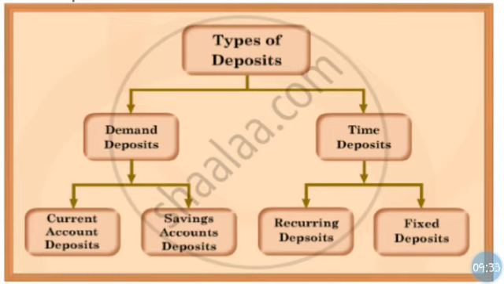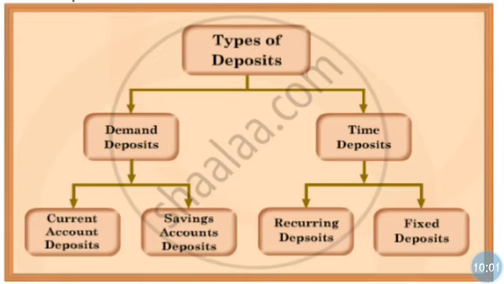Because in such deposits, whenever consumers want their money, they are free to withdraw. So they can demand their deposits as they wish. The bank has to pay them their money as per their demand, and that's why it is called demand deposits, which are of two types, current account and saving account.